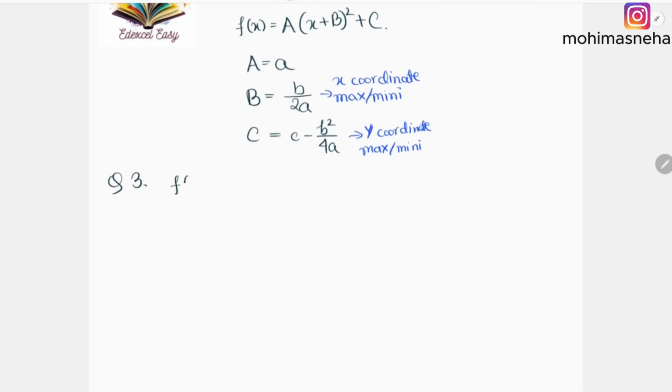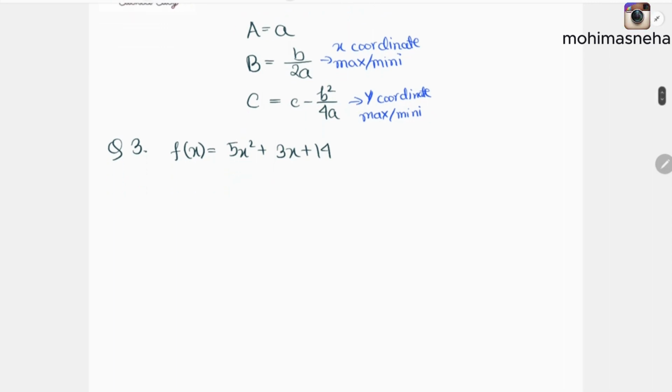They gave you an equation as f(x) equals 5x squared plus 3x plus 14, and they want you to find the range for this. Now by the equation we have clearly understood that this is going to be a smiley shape since the coefficient of x squared is positive, right? So depending on the coefficient we decide if it's going to be a sad or smiley. This is going to be a smiley shaped graph.